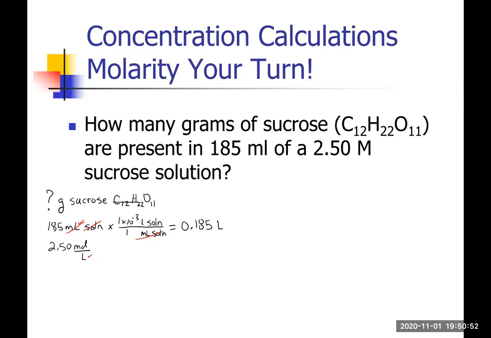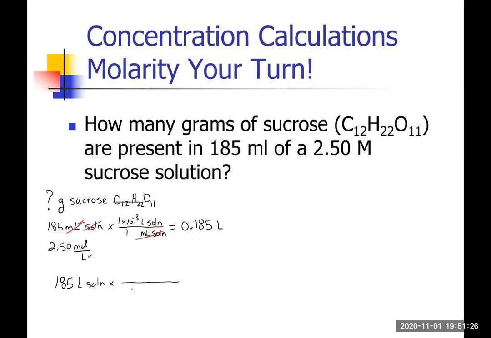Okay, now I know that I'll be able to use this volume of my solution with my concentration of my solution to cross cancel that volume and get to moles of my solute, so I can use molar mass to convert those moles of solute to grams of solute. So I start with my 0.185 liters of solution.